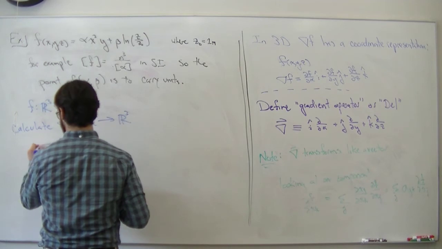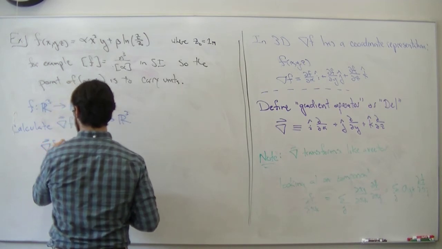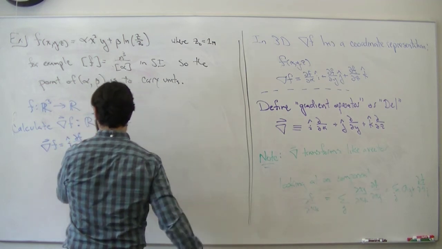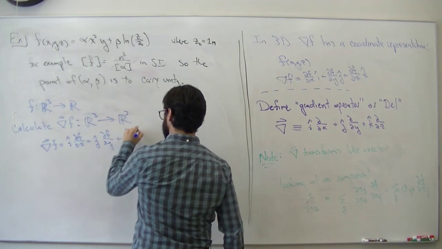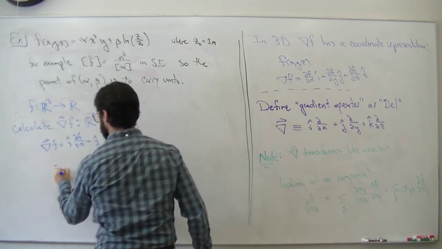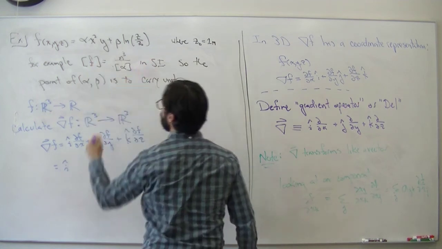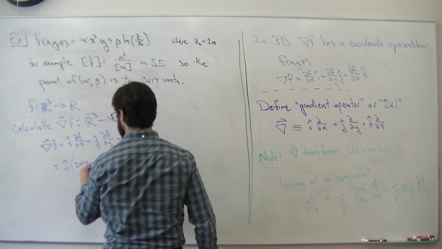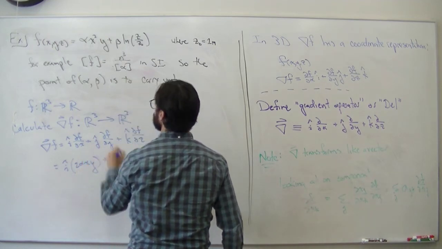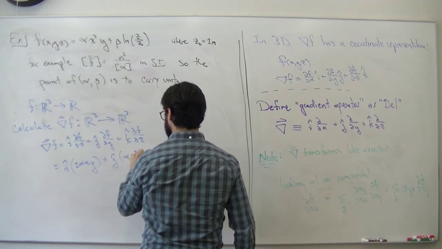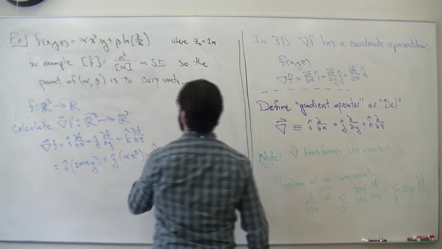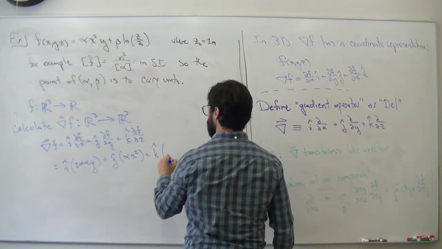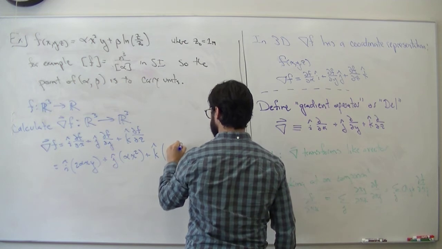And nice Cartesian coordinates should be pretty straightforward. I have i hat partial f partial x, j hat partial f partial y, k hat partial f partial z. So that's i hat, partial f partial x is 2 alpha x y, j hat, I have alpha x squared, and then k hat, and we'll just ignore that. Well, let's not ignore the z hat because I labored to put it in. Beta z naught over z.